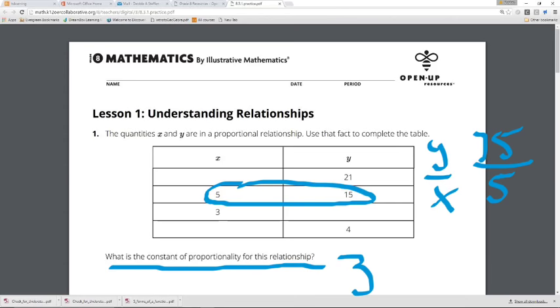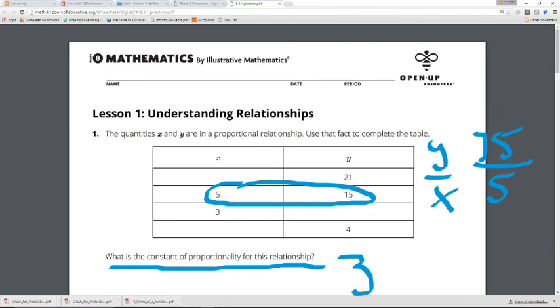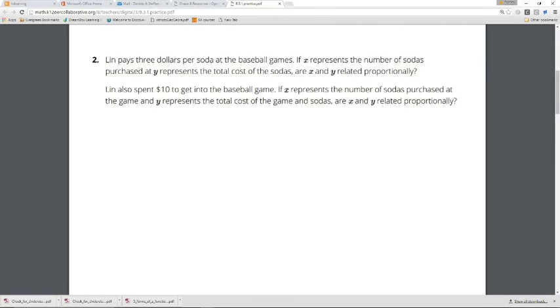Okay, and one more problem, number 2. This one says that Lynn pays $3 per soda at the baseball games, and if X represents the number of sodas and Y is the total cost of her sodas, are X and Y related proportionally?